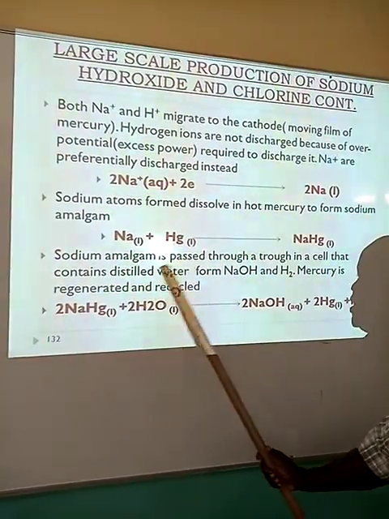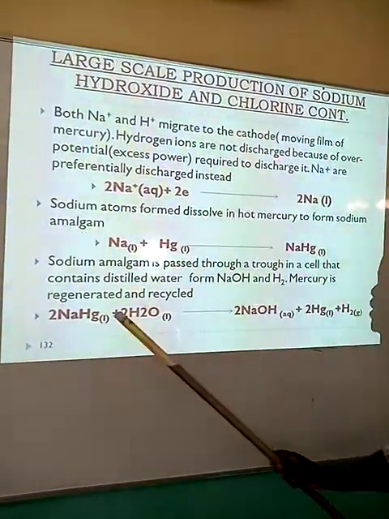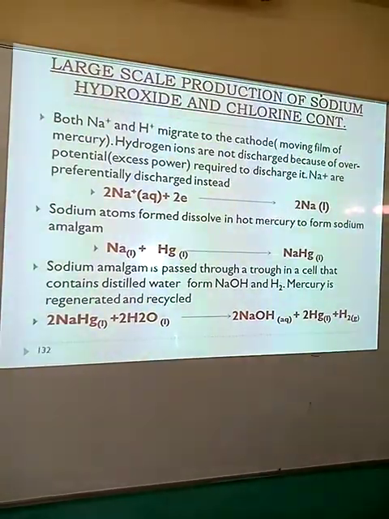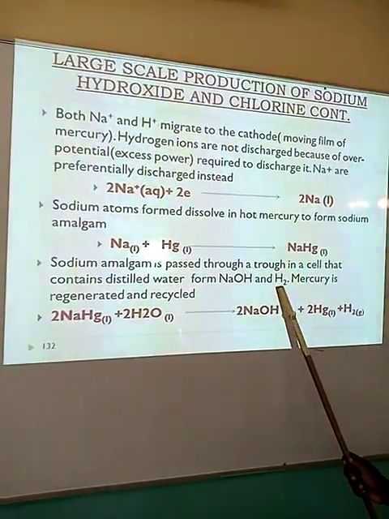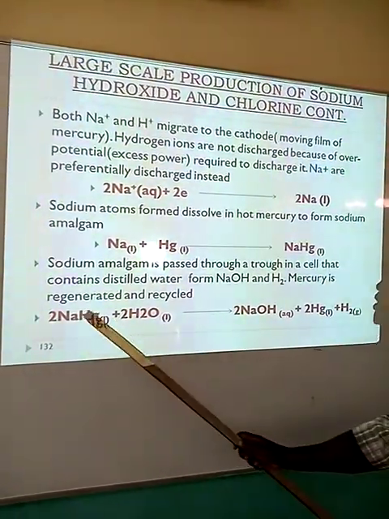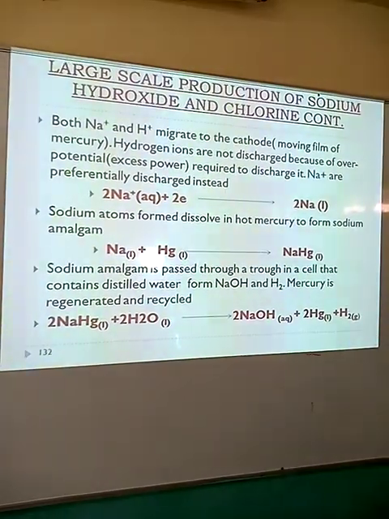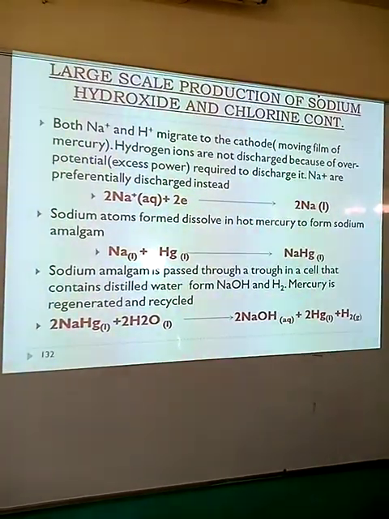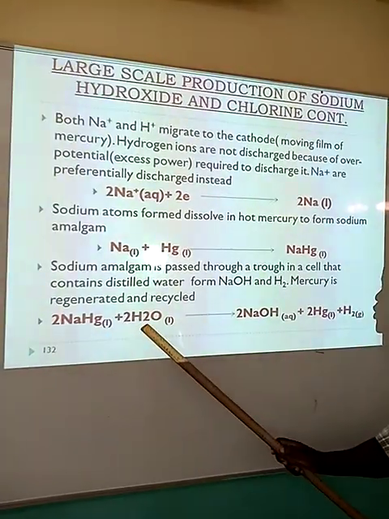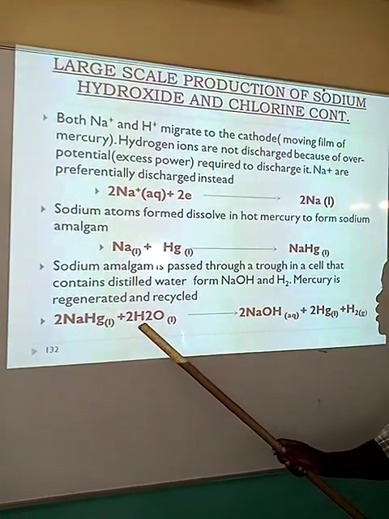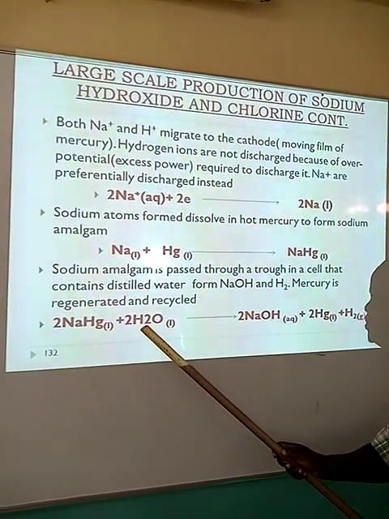And then sodium amalgam is passed through a trough of cells that contains distilled water, as I've explained in the flowchart, to form sodium hydroxide and hydrogen gas. And then the mercury is regenerated and recycled. So we see indeed sodium amalgam reacts with water. This two is supposed to be subscript.